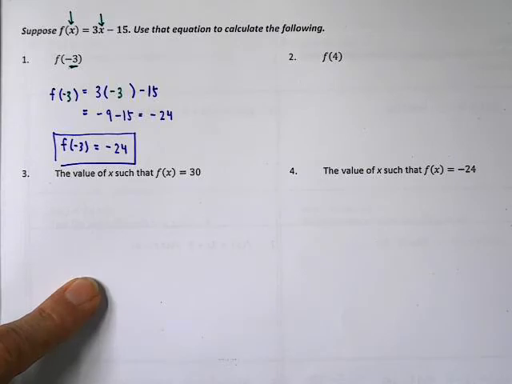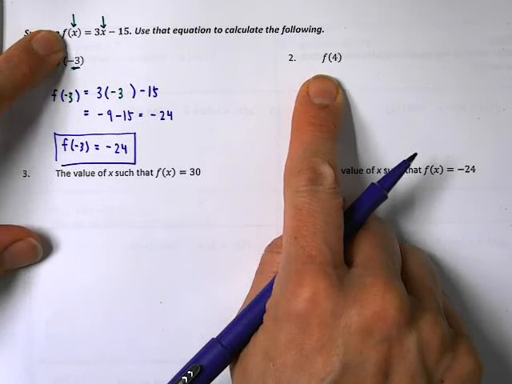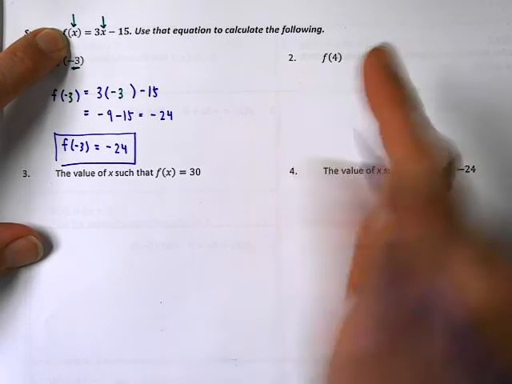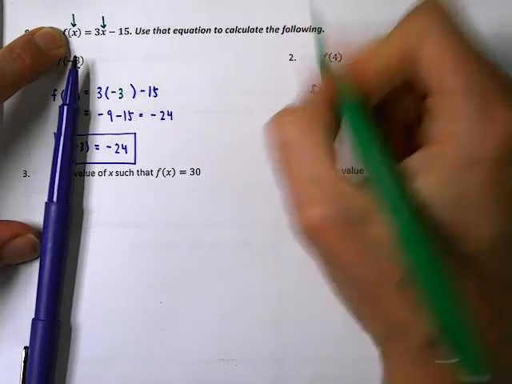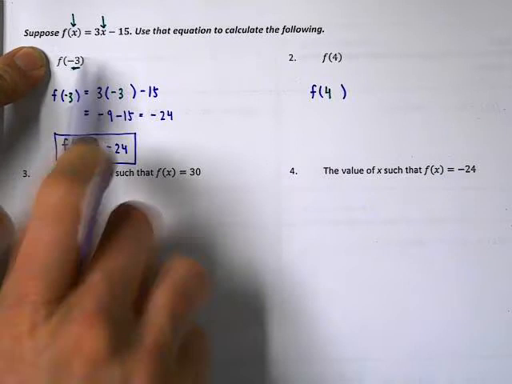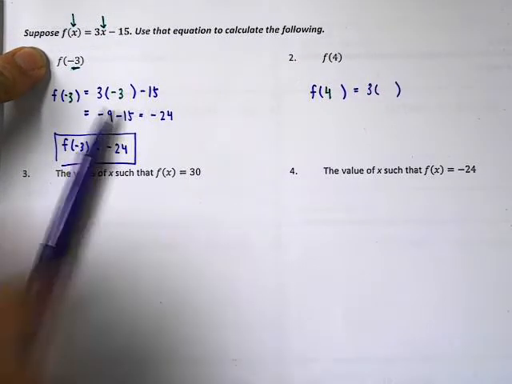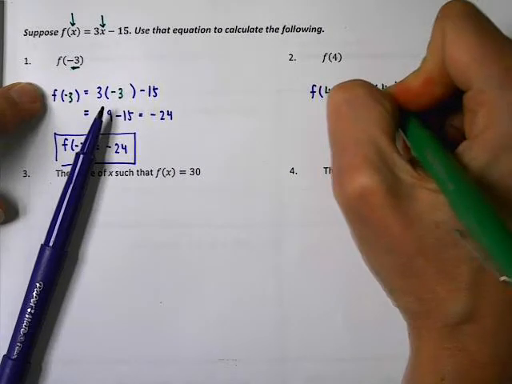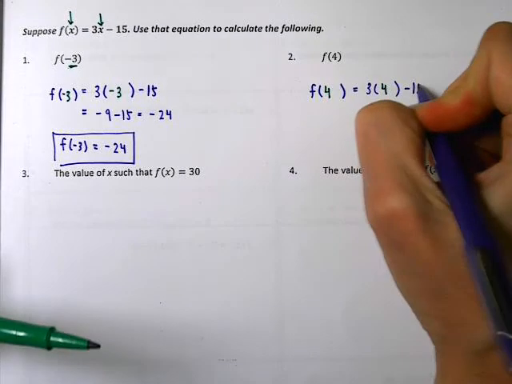Okay, so for number 2, if I wanted to find f of 4, again, I go back to my original equation. Wherever I see an x, I'm going to replace it with the 4. So now f of 4 is going to be equal to 3 times, instead of x, sorry, I'm swapping the pens out here, I'm going to put in a 4, and then I'm going to do minus 15.